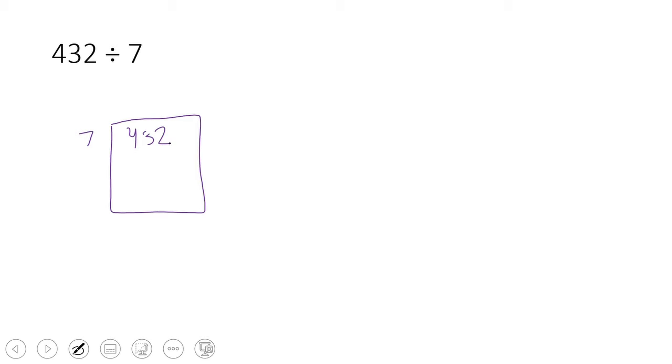So I'm going to actually think of the number 50, and so I know 7 times 50 is 350. That's kind of close to 432. It does not have to be exact. Remember, in area model, there are an infinite amount of ways that you could get your eventual quotient.